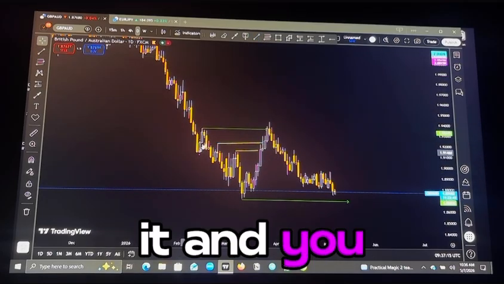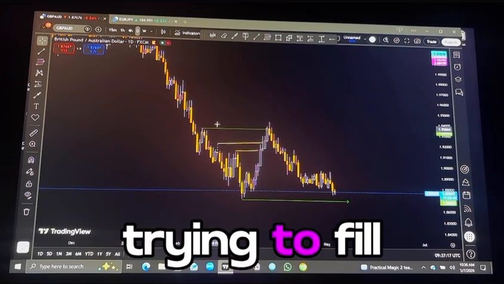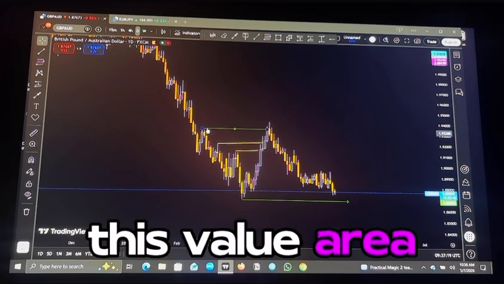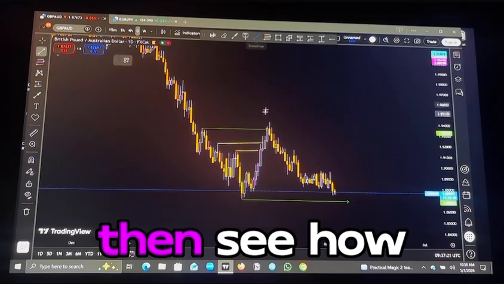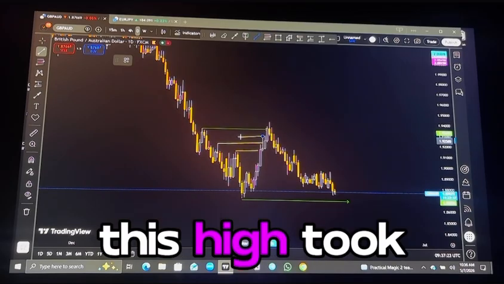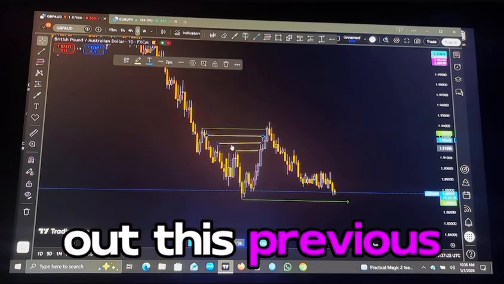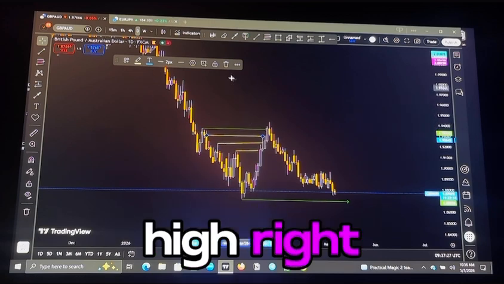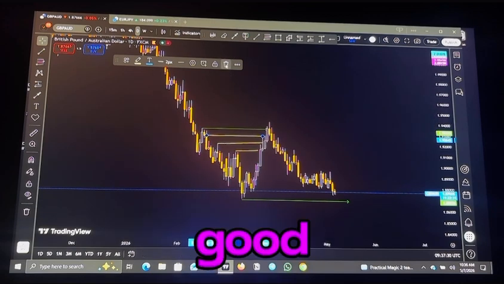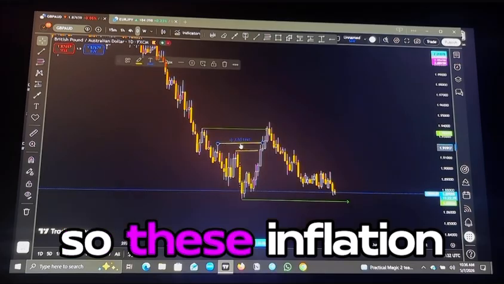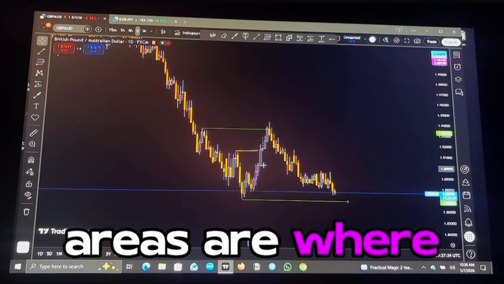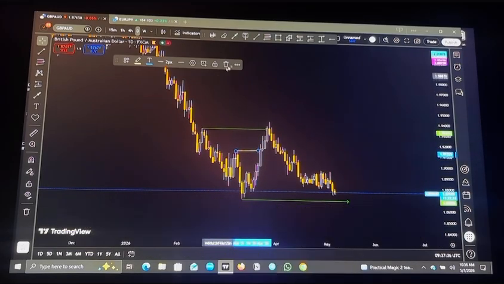You can see it, and you left a gap trying to fill this value area. Then see how this high took out this previous high, right? Good. So these inflation areas are where markets usually reverse.